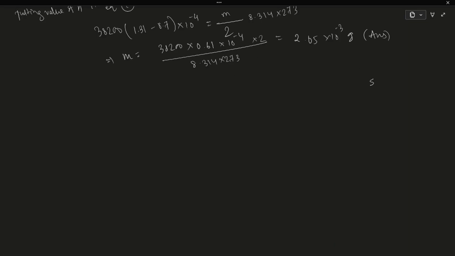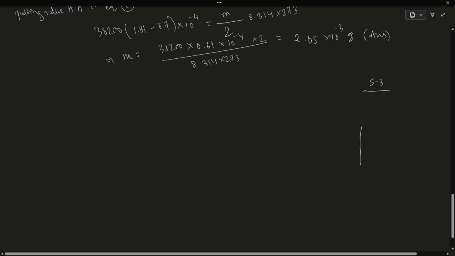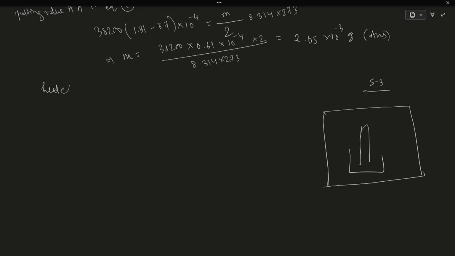So this is scenario 3. This is our tube. This is our pan. This is our chamber. I think it is heated at constant volume. That means this is an isochoric process.